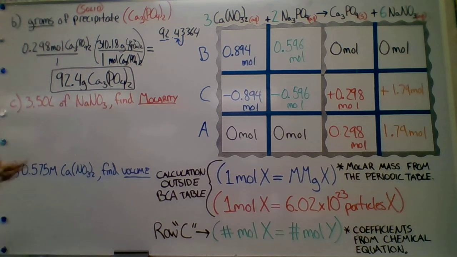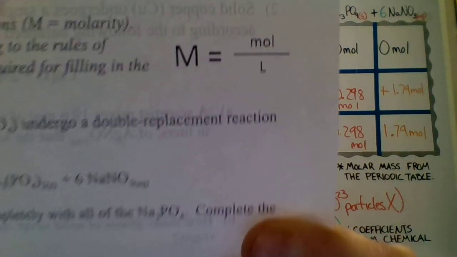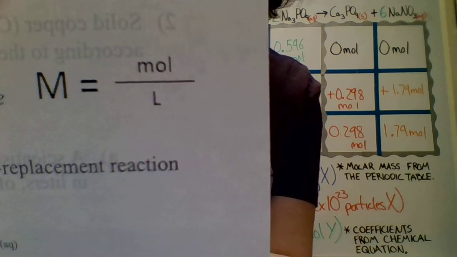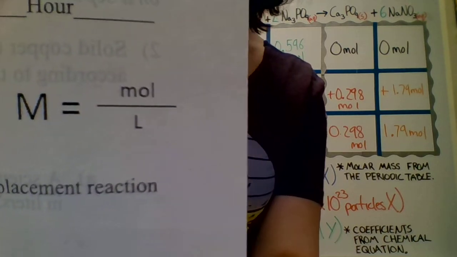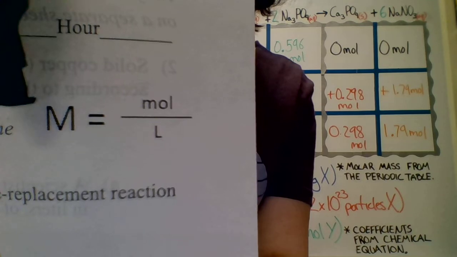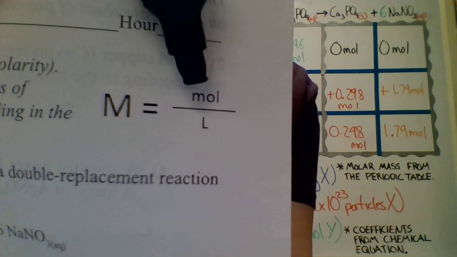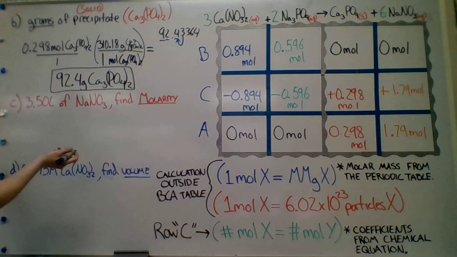Again, that's where we are going to use this molarity equation. So that's molarity equals moles of solute over liters of solution. Using our BCA table, we have moles of that particular product. So I'm going to start by plugging in the information I know directly into the molarity equation.